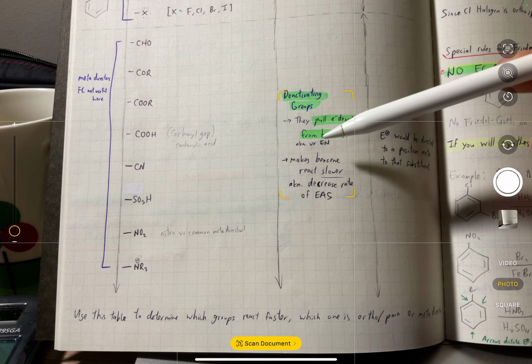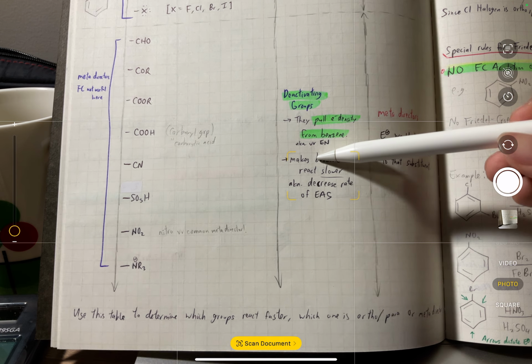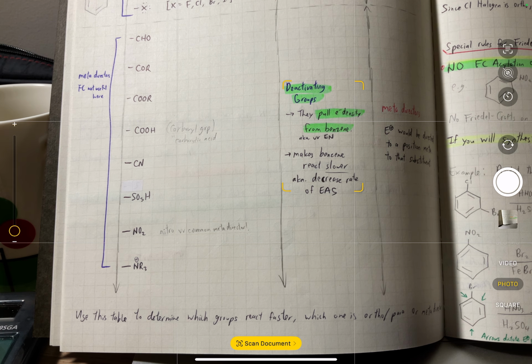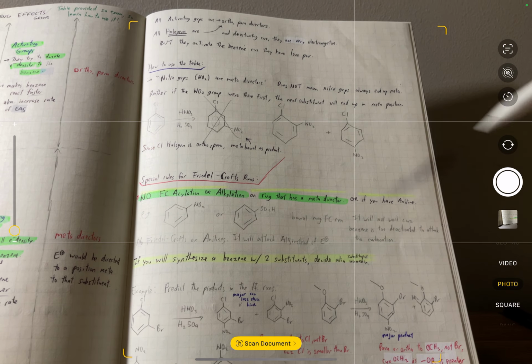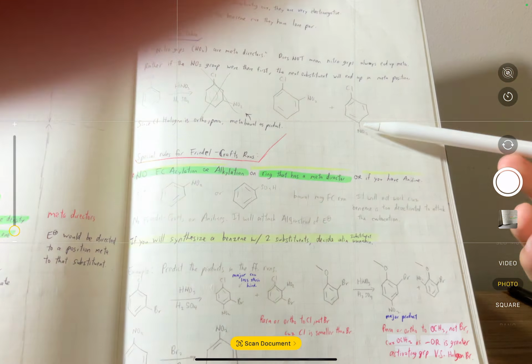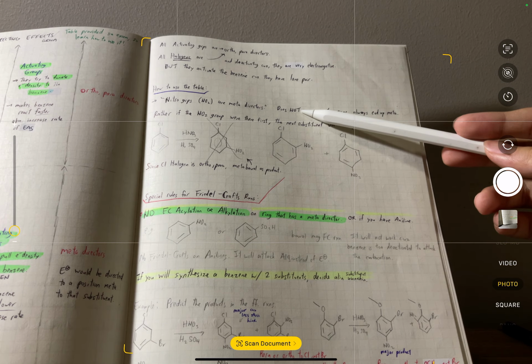In other words, they are very electronegative. They make the benzene react slower. In other words, they decrease the rate of EAS. So, that's basically everything here, I think it's already been discussed.